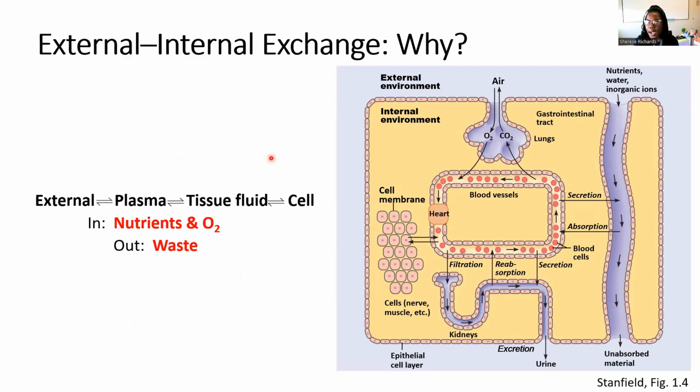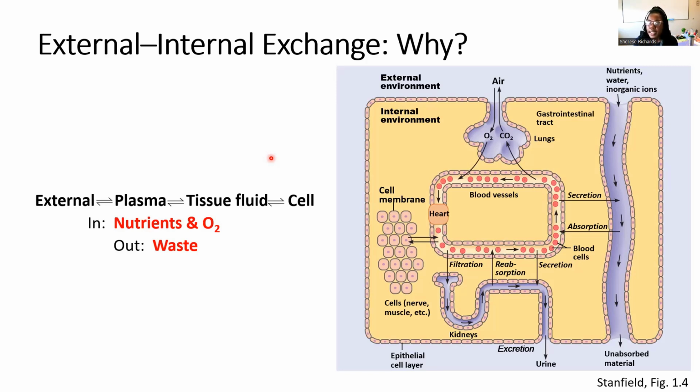Let's talk about why there has to be exchange or why there has to be movement between these two compartments, right? So it would be tempting to think that the external environment should maintain its own barrier and the internal environment should be separated. But even though there is separation, there still needs to be exchange. There still needs to be an opportunity for things to get across the membrane.